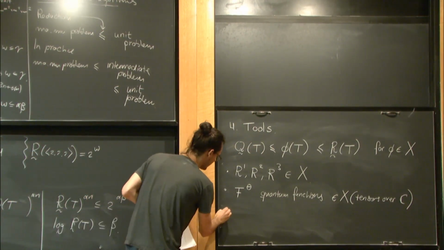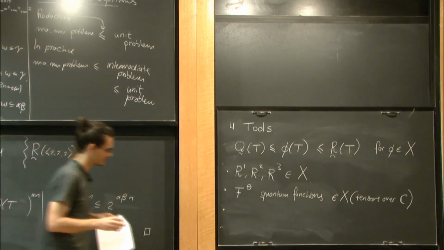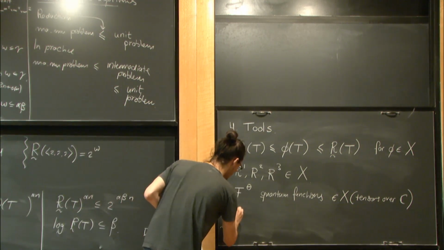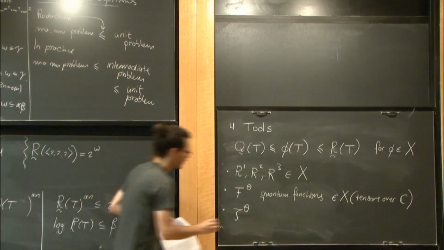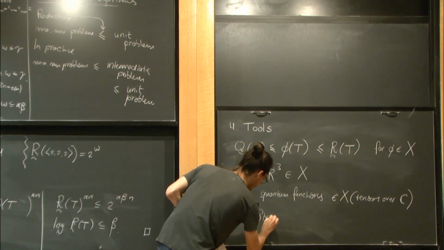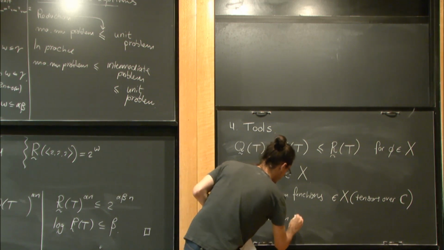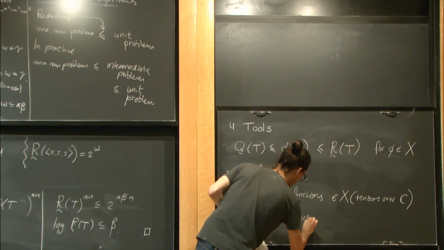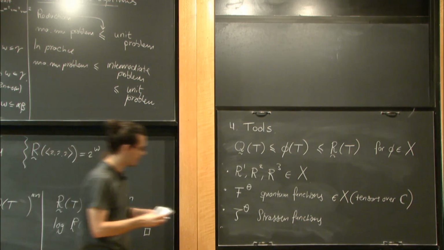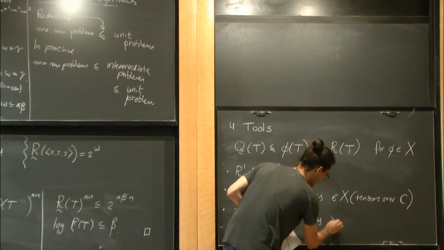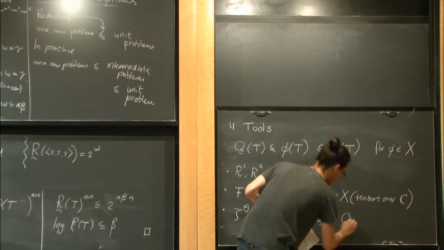Then the third thing I want to talk about here is what's called the Strassen functions. It's denoted by zeta theta. They are not in the asymptotic spectrum of tensors, but they do give upper bounds on asymptotic subrank.